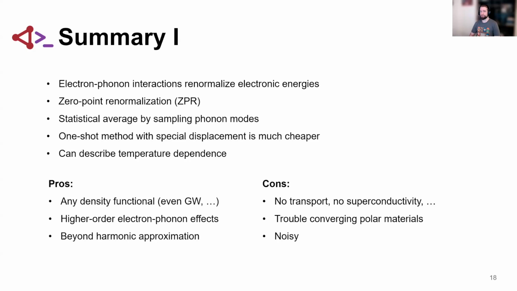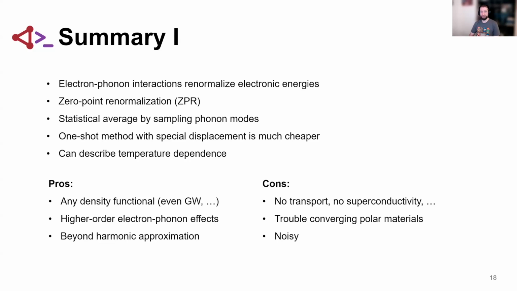It's also really difficult to converge polar materials properly using this method. So if you have a material like lithium fluoride, for example, which is extremely polar, a salt crystal, then you will have to go to extremely large supercells in order to capture all the long-range electrostatics behavior. And intrinsically, these methods tend to be quite noisy due to how they work.